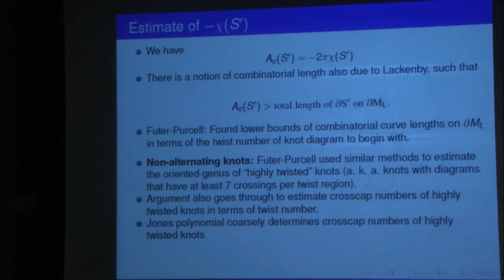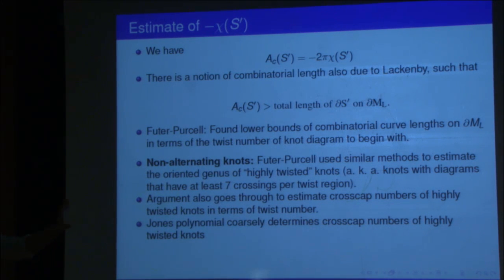And in fact, Jessica David used that to estimate the oriented genus, right? But with what I've got here, the calculation will go through to give a similar bound for the non-oriented genus. All right, so the bound I had earlier in terms of twist number, provided that my diagram is twist reduced and all, will work.